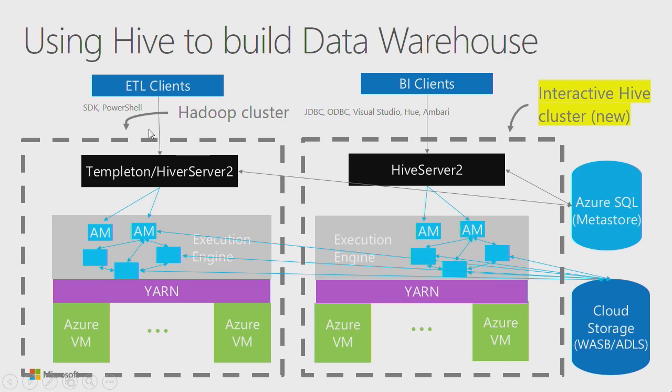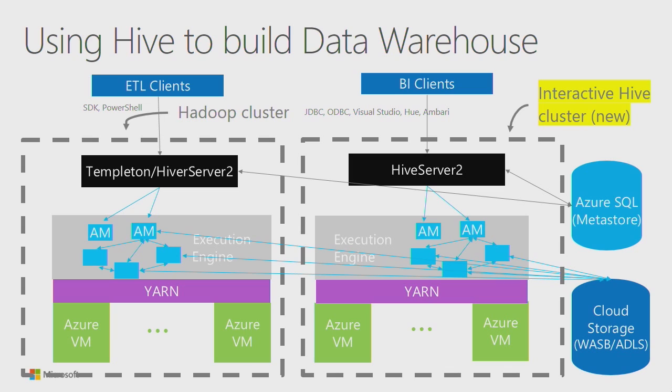So that's ETL. On the BI side, it's mostly your business users who use Power BI, Tableau, QlikView, things like that, or these can be reports which are run daily using ODBC, or these can just be data scientists who are running interactive queries. But that's on the BI side.